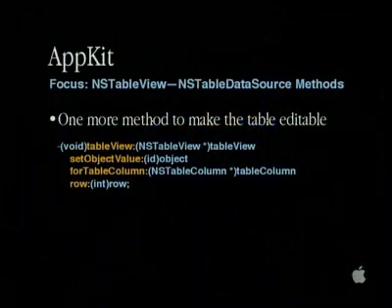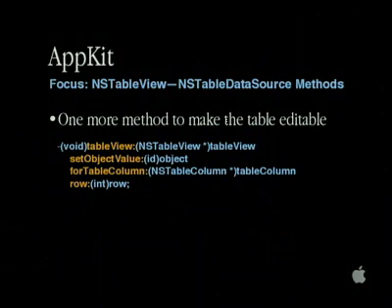And that's all well and good if you have a display-only table. But if you want the user to actually be able to enter data in your table, you've got to do more. How much more? Only one more method. This method is tableView:setObjectValue:forTableColumn:row:, where given an object value and a column and a row, you get a chance to stuff this back into your model.